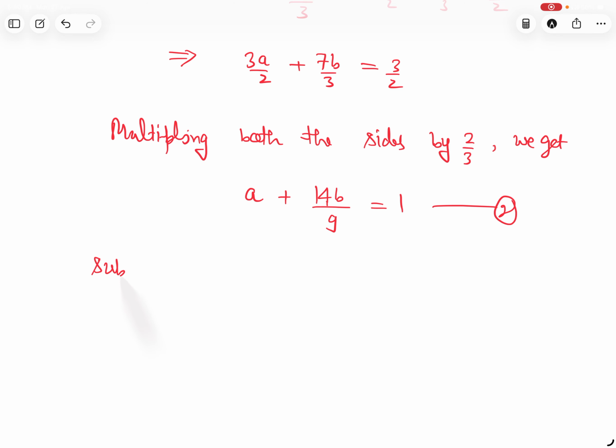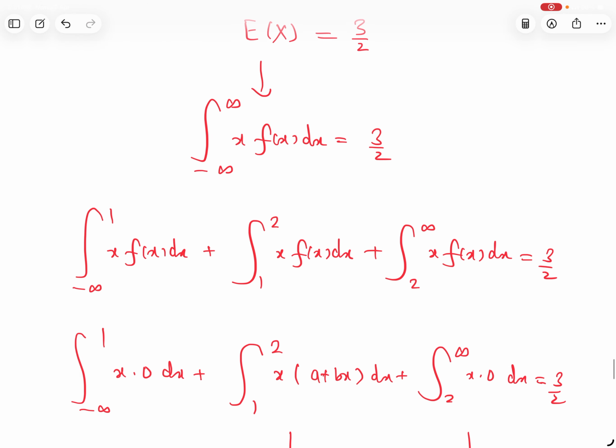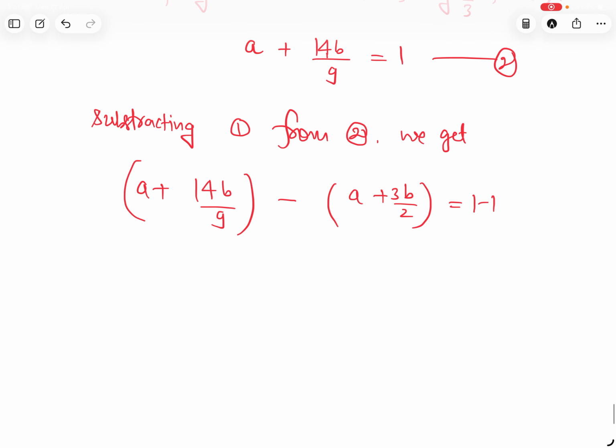So subtracting 1 from 2, we get a plus 14b by 9 minus a plus 3b by 2. 1 minus 1, so a will be cancelled out.